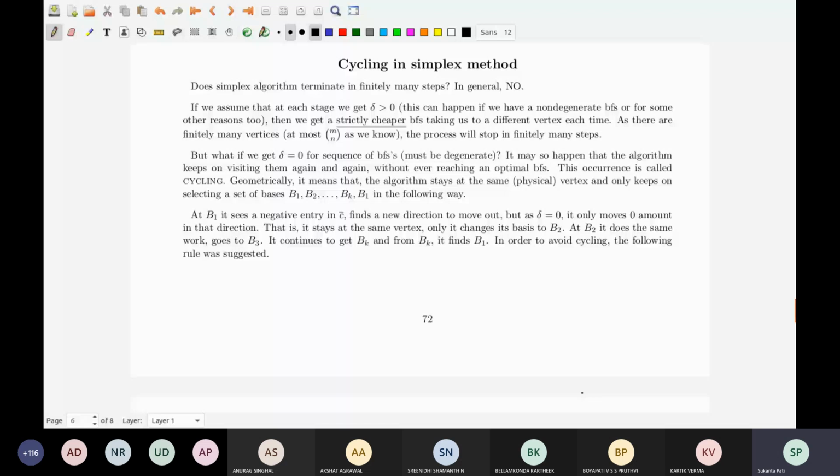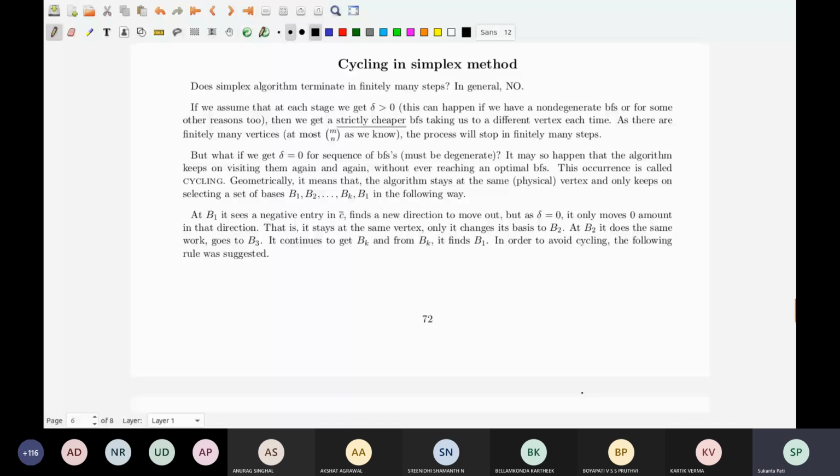That means it stood at the same vertex, only that it changed the basis. Instead of some x1, it has now replaced it with some x7. If the earlier basis was x1, x2, x3, now it is x7, x2, x3. Some basis element has been changed, but you are standing at the same physical corner, same vertex.